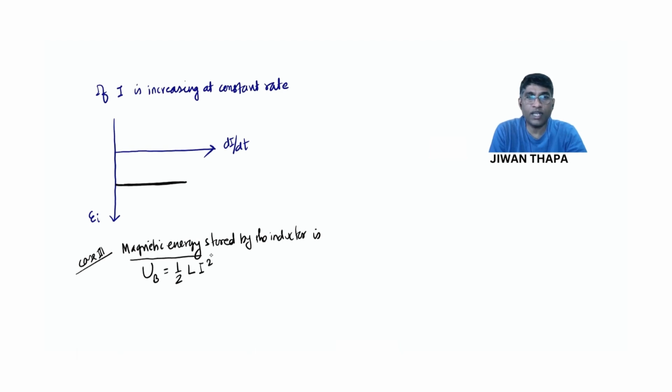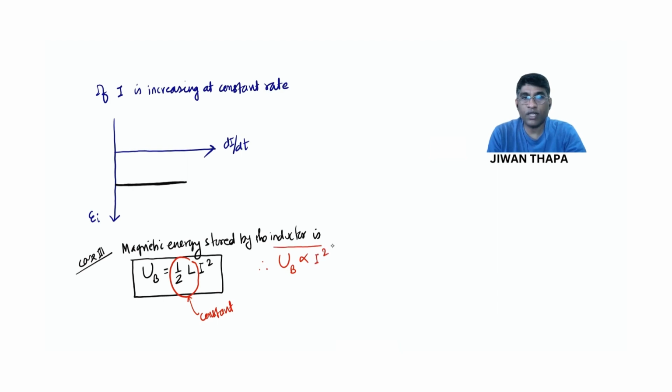So this is the relation. Clear? And in this relation, one by two times L is constant. Therefore, we can write magnetic energy UB is directly proportional to the square of the current.